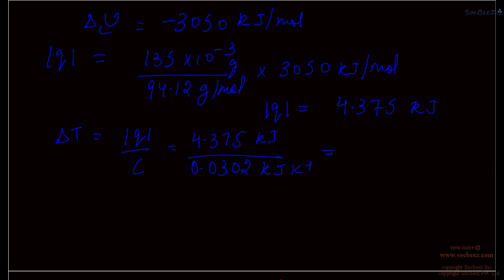So the value of delta T comes out to be around 144.9 Kelvin. So the change in temperature when phenol is used in the same calorimeter is observed to be around 145 Kelvin. So this was supposed to be calculated in the second part of the problem.